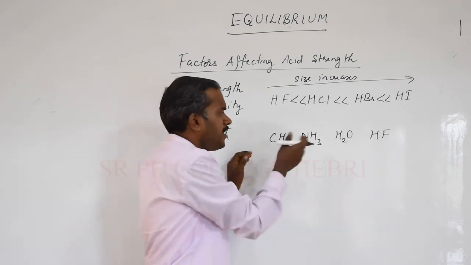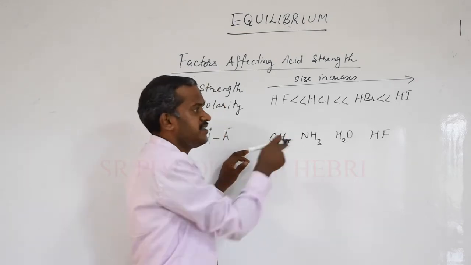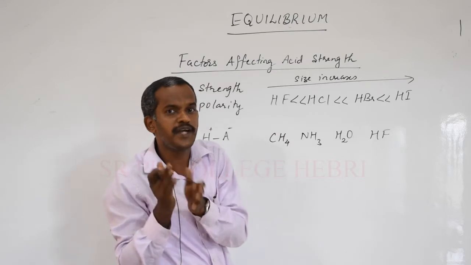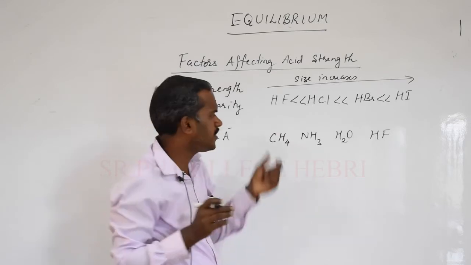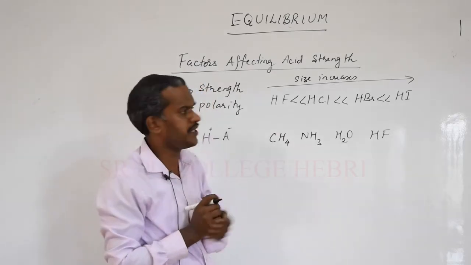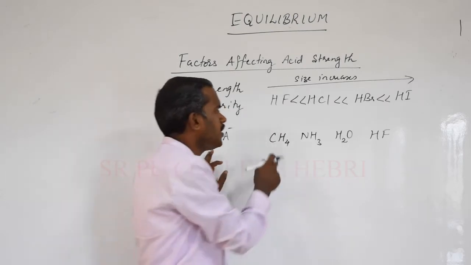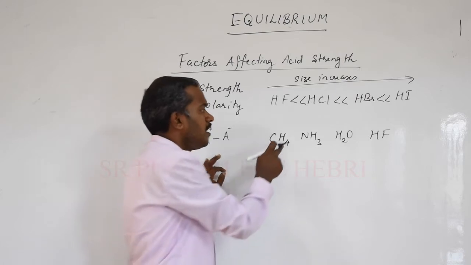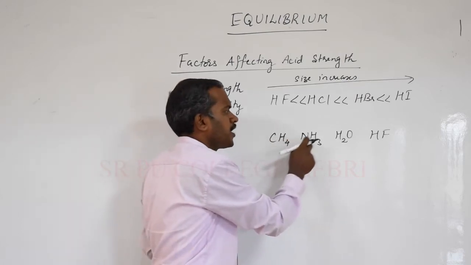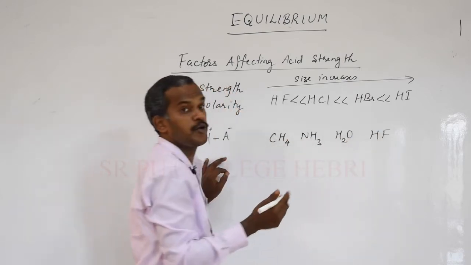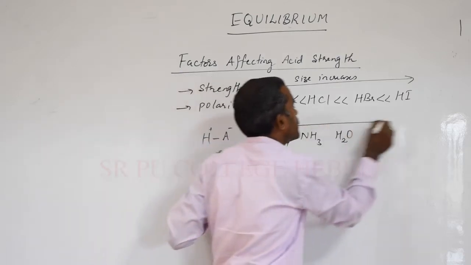One important thing you have to understand: in this case, more than the atomic size comparison, we look at the electronegativity. The polarity, the second factor, is significant here. From carbon to nitrogen, nitrogen to oxygen, oxygen to fluorine, electronegativity increases.